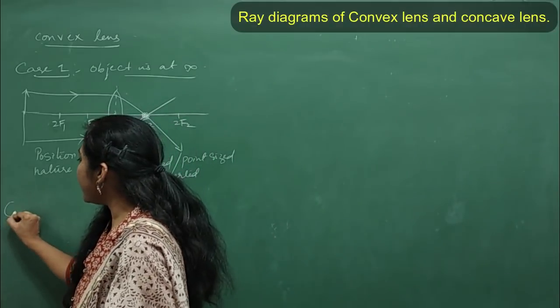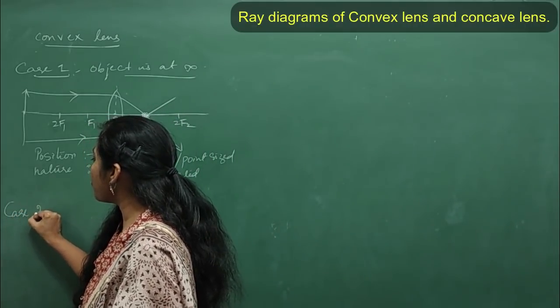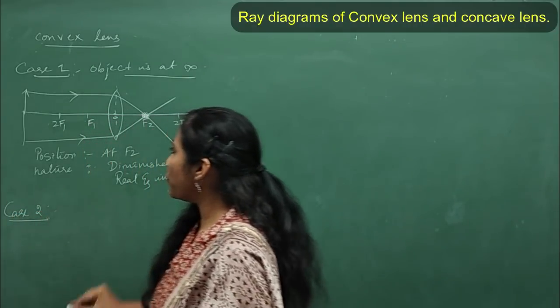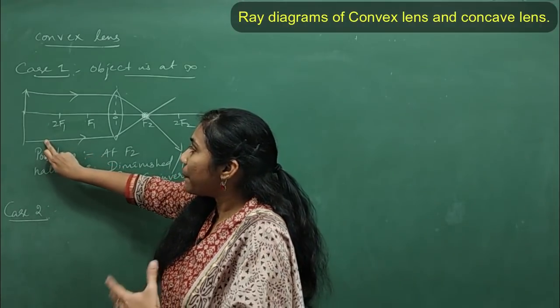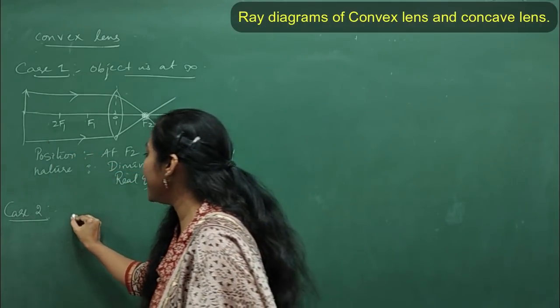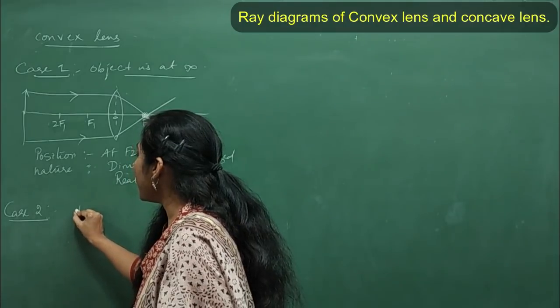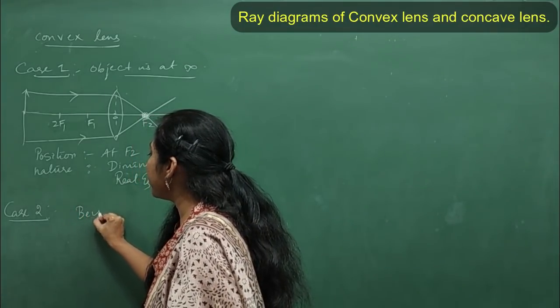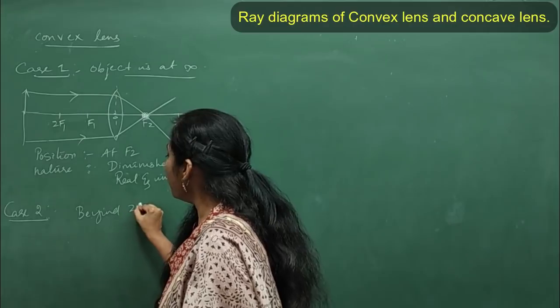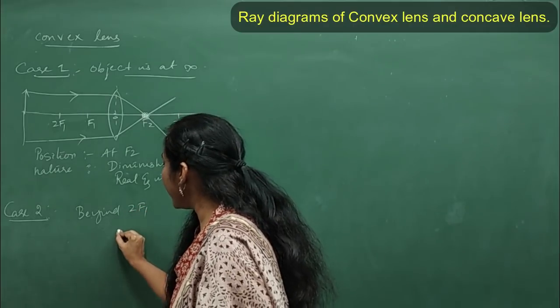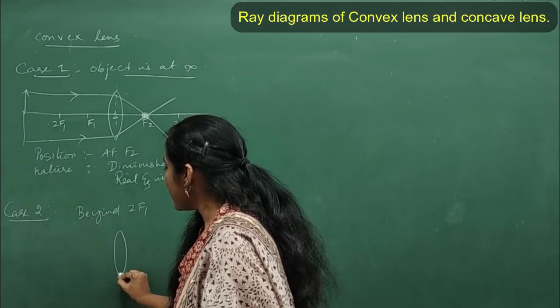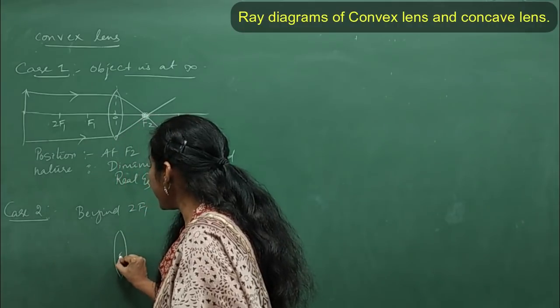And now let us see our case 2. So what is case 2? You are keeping your object behind 2f1, right? So object is behind 2f1. So how do you show the ray diagram in this case? Say this is your optic center.